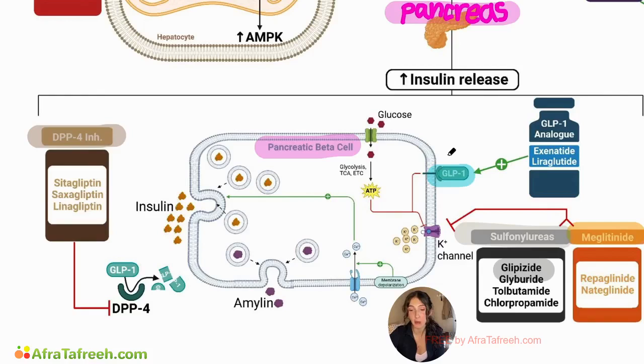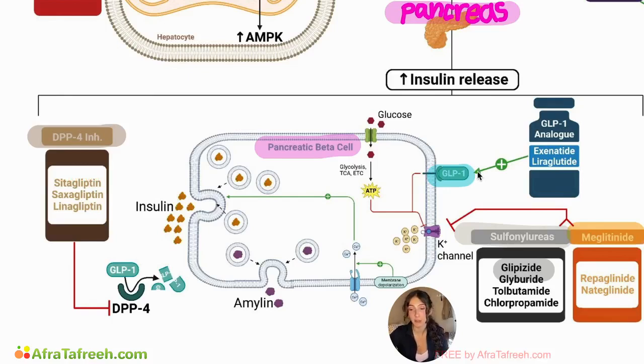But here at the pancreatic beta cell, GLP-1 is also responsible for increasing the release of insulin by shutting down and closing these potassium channels. So if you increase the activity of GLP-1, you are subsequently going to increase the release of insulin. That's very in-depth. Basically, what I want you to understand is that higher GLP-1 means higher ability of insulin to do its job. It's like a little buddy to help insulin do its job.